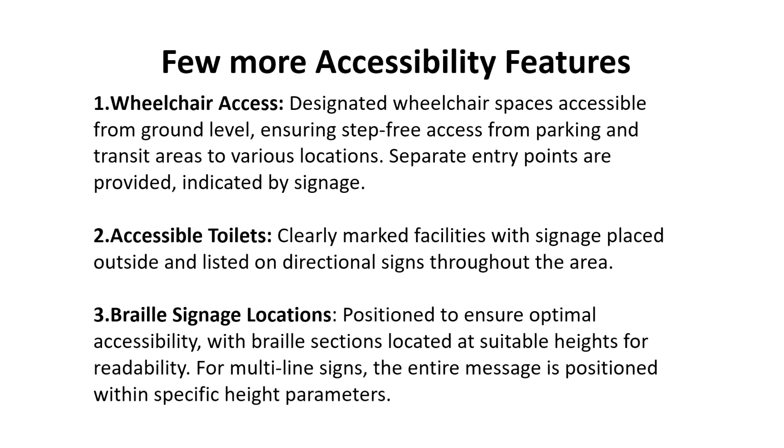Accessible toilets: clearly marked facilities with signage placed outside, listed on directional signages throughout the area. Putting signage on the door of a facility sometimes does not serve the purpose.